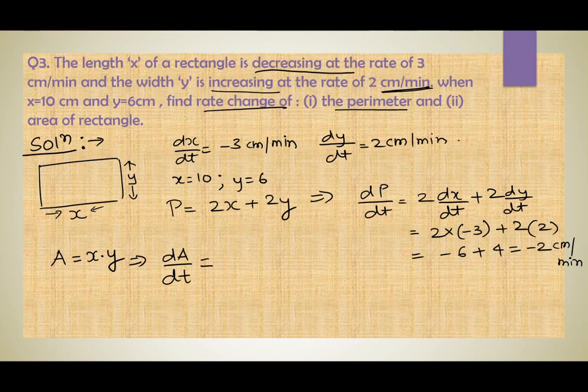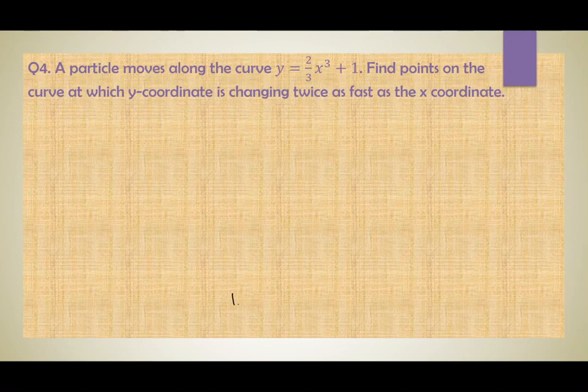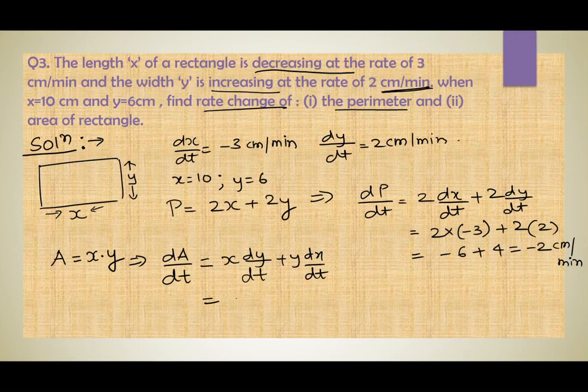dA by dt is equal to, यहाँ product rule लगेगा, x dy by dt plus y dx by dt. Now let us substitute the values over here. What is the value of x? x is 10. Sorry, आगे पहुंच गए यार फिर से. x is 10, dy by dt is of course 2, plus y is 6 and how much is dx by dt? dx by dt was minus 3.